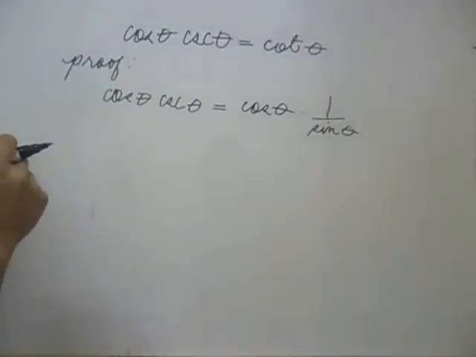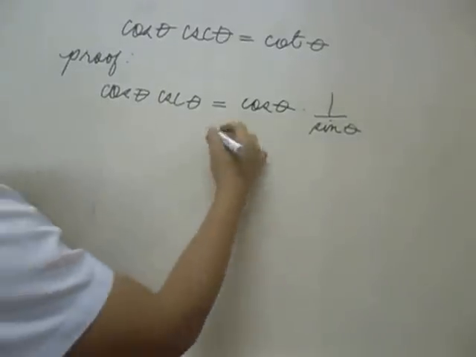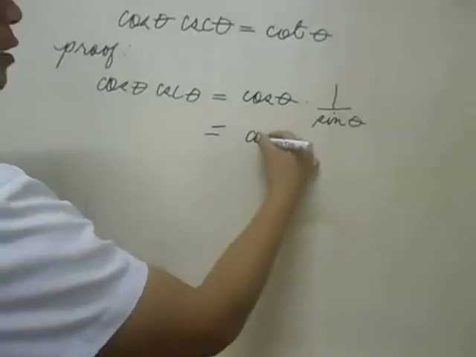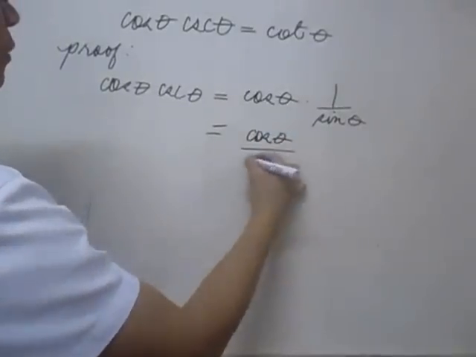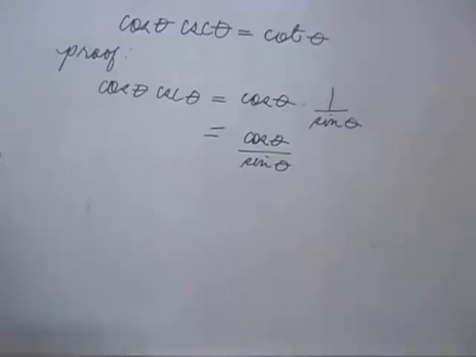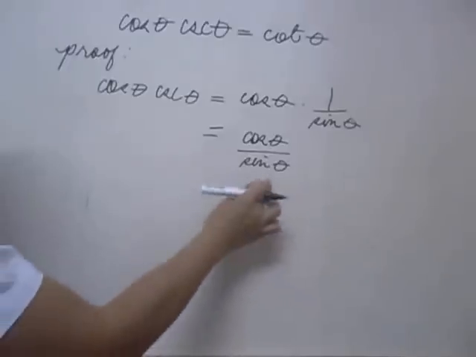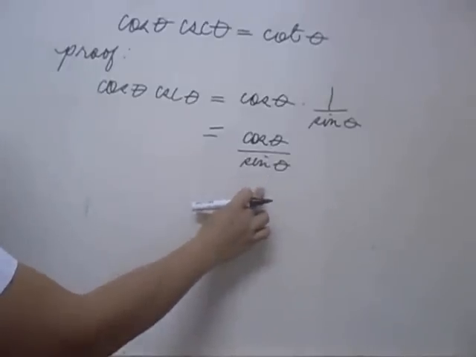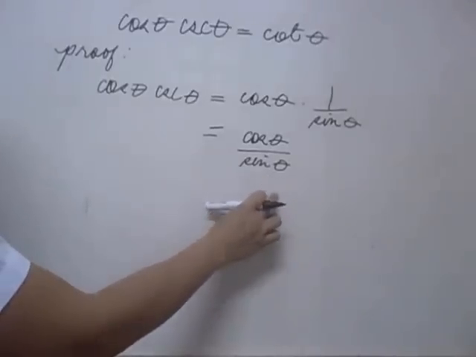By taking now the product, we get cosine theta over sine theta. Do you remember one of the ratio identities, that cosine theta over sine theta is equal to cotangent theta?